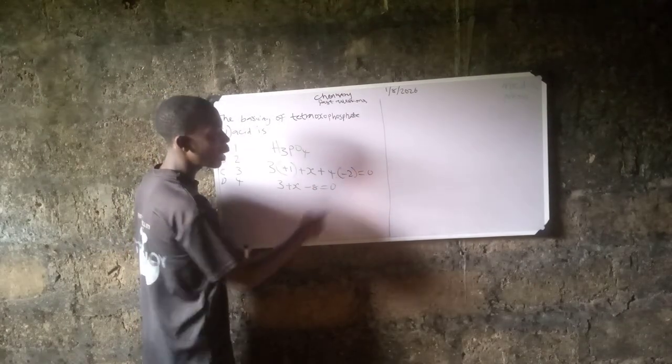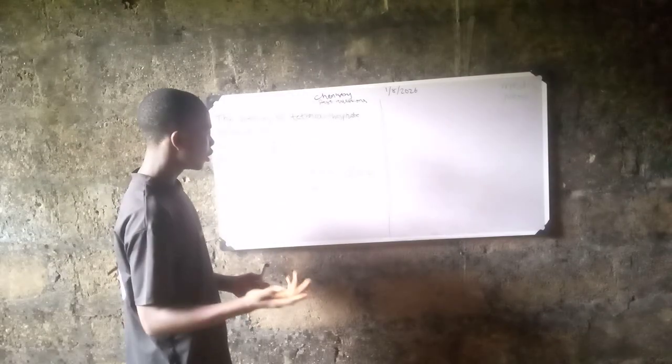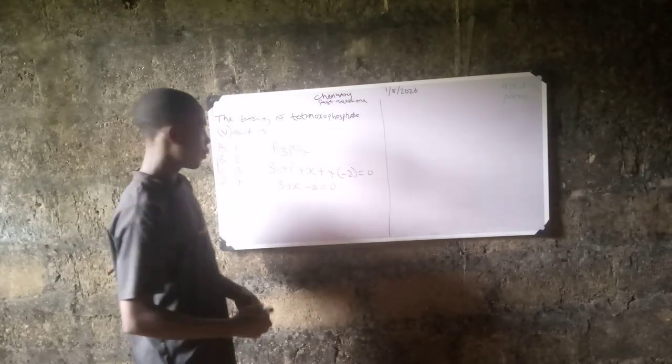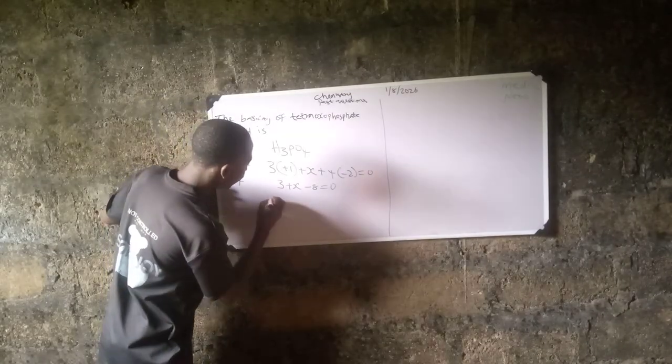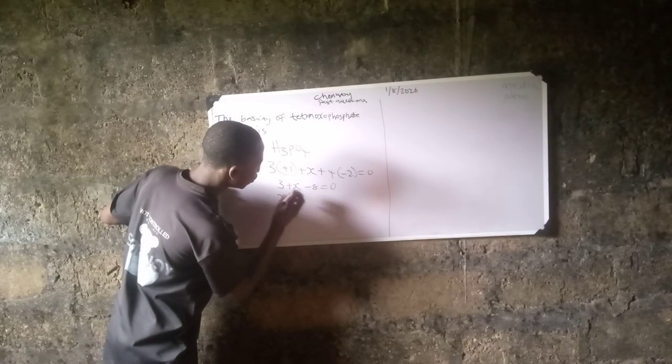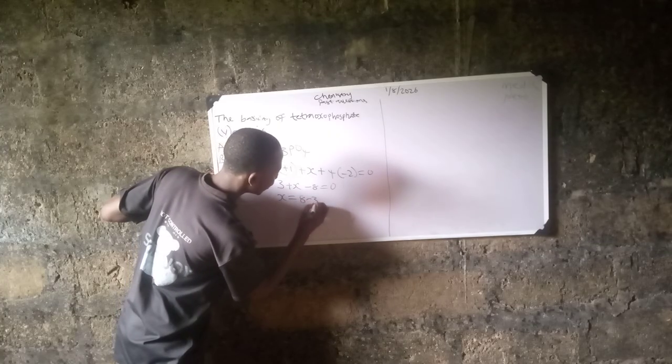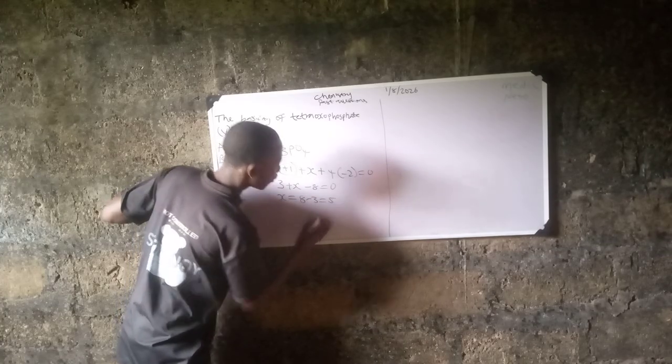Because 4 multiplied by minus 2 gives you minus 8, it will now be 3 plus X minus 8 equals 0. Therefore, my X will be equal to 8 minus 3. 8 minus 3 equals 5.